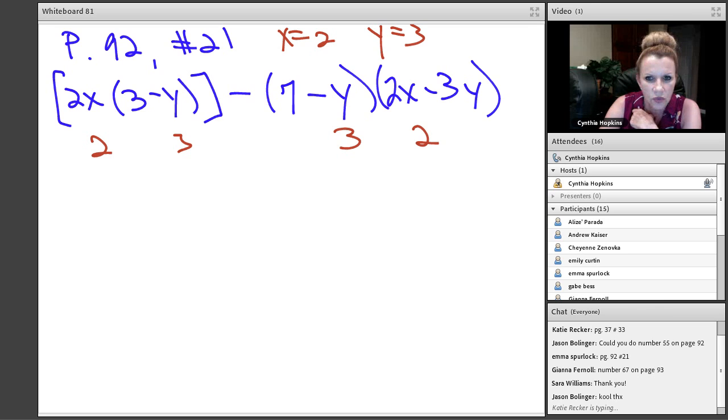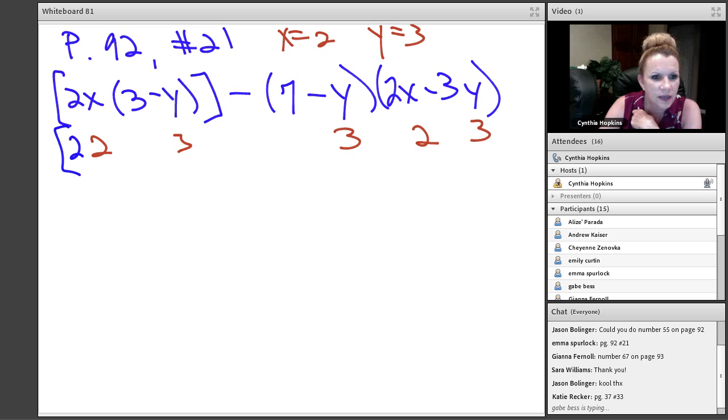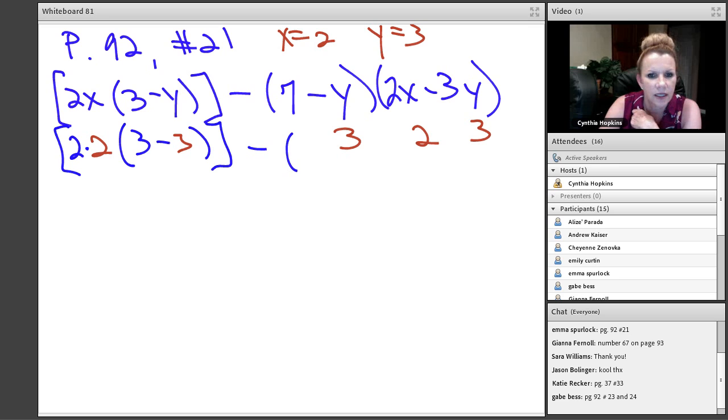X is 2. Y is 3. Okay, then I don't know that I need to do this in different colors, but I'm going to. Then I'm going to write everything else the same. So this is 2 times that, the quantity, 3 minus that, minus the quantity, 7 minus that, and 2 times 2 minus 3 times 3.